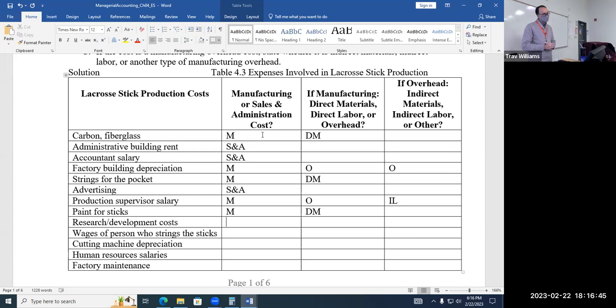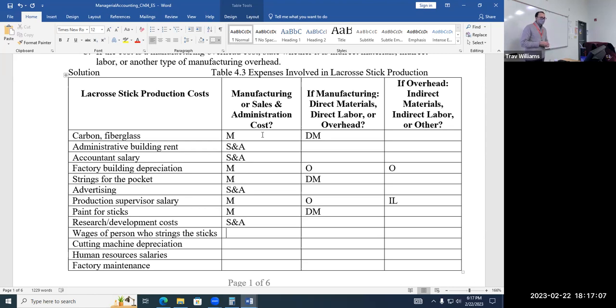This one's kind of a gray area too: research and development costs. Those can be considered part of manufacturing. I think that in this exercise, they put it in the category of sales and administration. So that's a company by company decision where you want to put those costs.